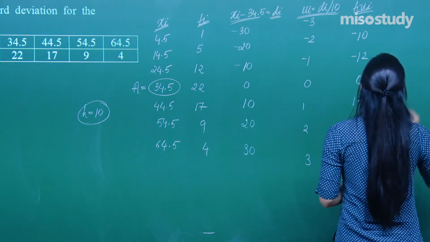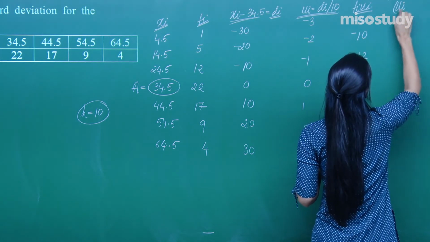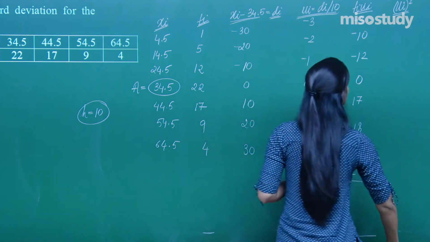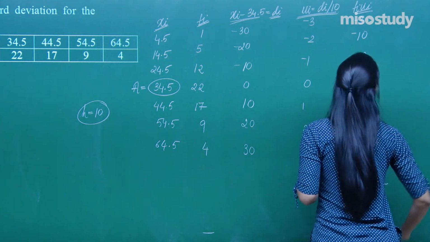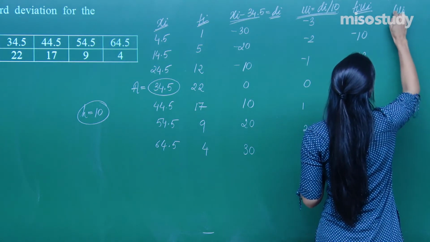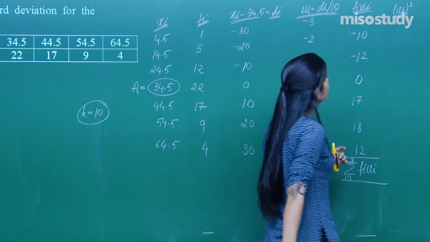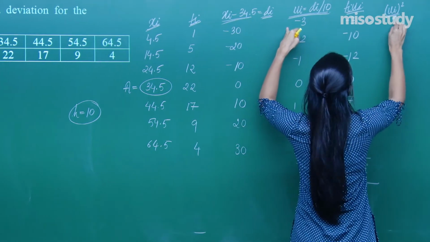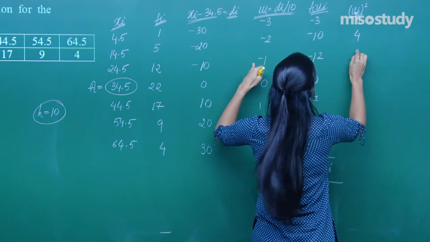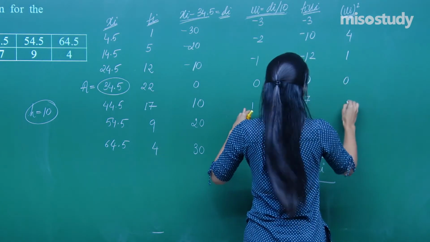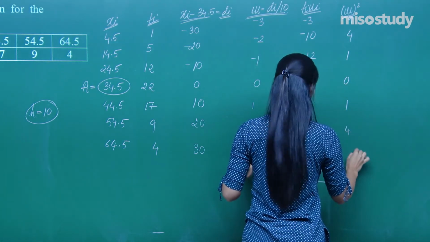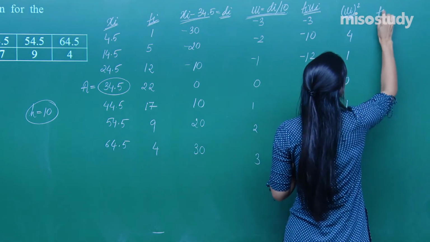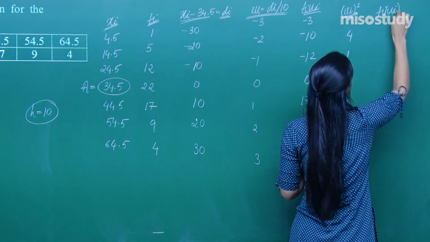Once fi ui and its sum is obtained, you would want ui square now. If you want ui square, these are my ui's. Minus 3 square is 9, then 4, then 1, then 0, then 1, then 4, and then 9. And the last column would be fi ui square.